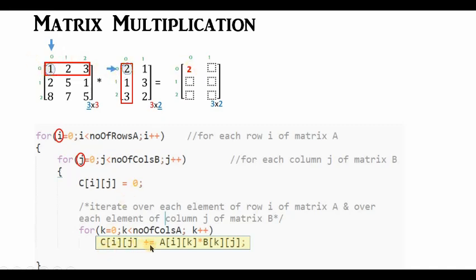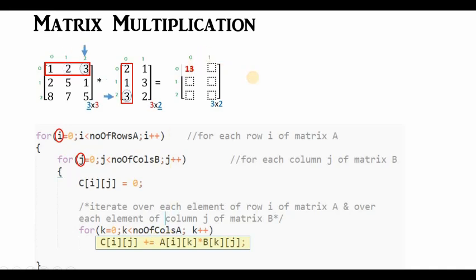So C of ij plus equals. Previously the value of C of ij was set to 0. Now it becomes 0 plus 2. During the next iteration of the k loop, the value of k is incremented by 1. So now we will be multiplying 2 into 1. Previous value of C of ij was 2. So 2 plus 2 equals 4.